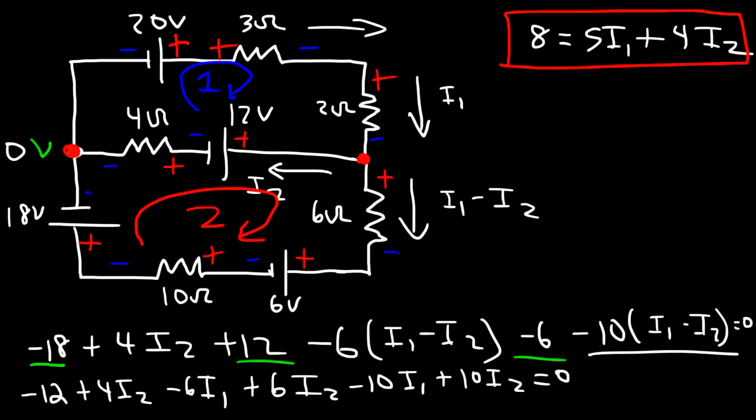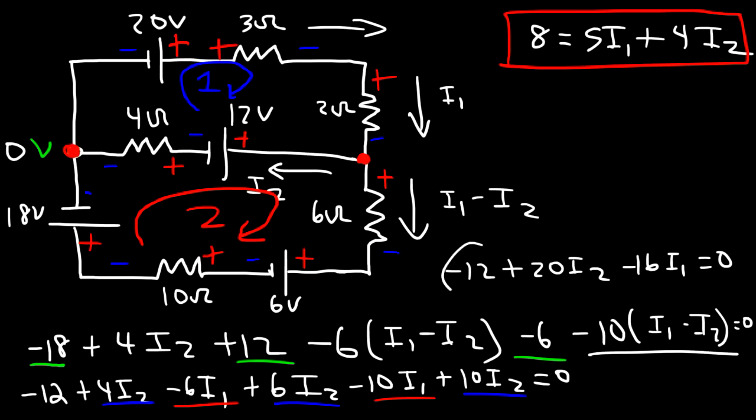So now let's combine like terms. So we have 4I2 plus 6I2, which is 10I2, plus another 10I2. So far we have negative 12 plus 20I2. And then we have negative 6 minus 10. So that's negative 16I1. That's equal to 0.